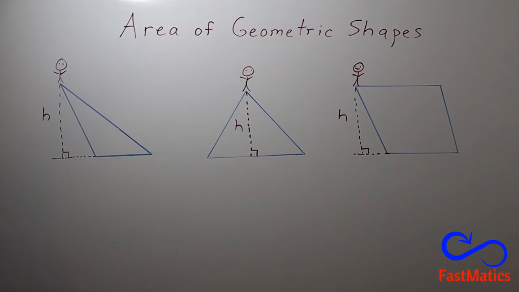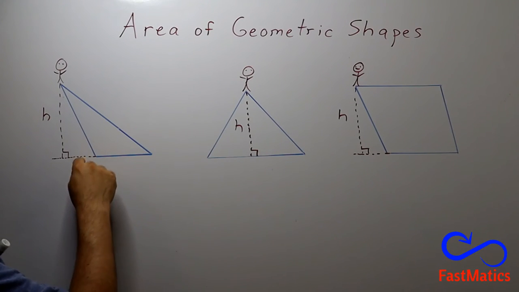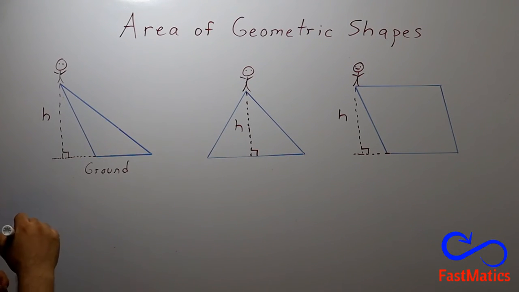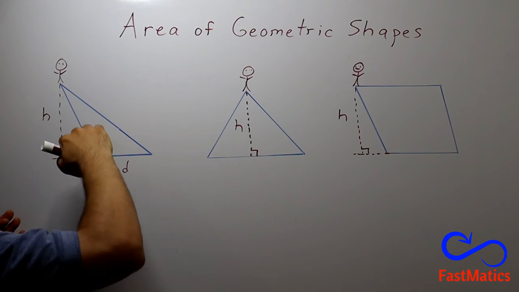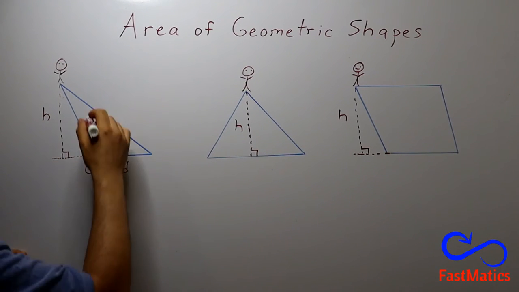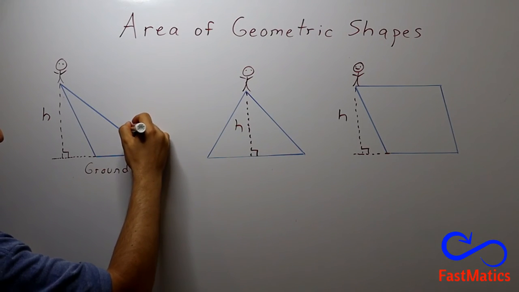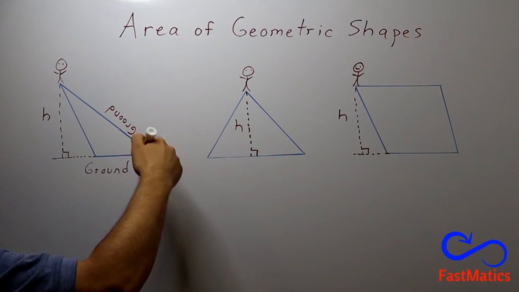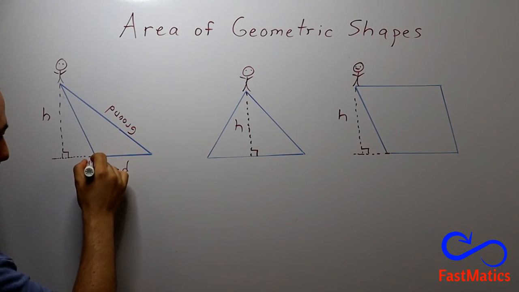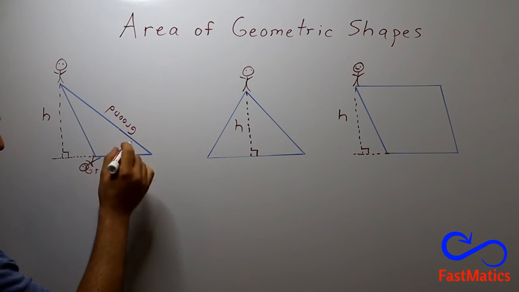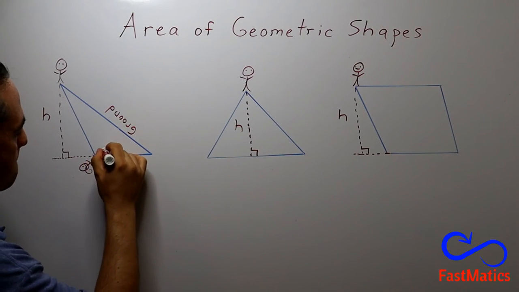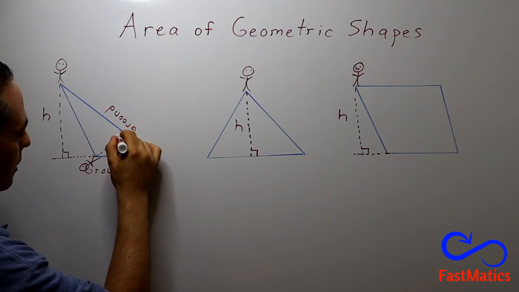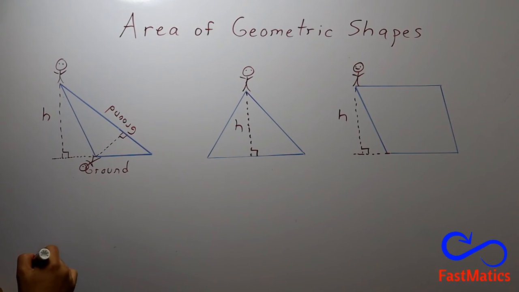But wait, a triangle always has 3 heights, because I can imagine that here I have the ground. But what happens if I turn the page and I imagine that the ground is here? If the ground is here and I climb, I see that if I throw a rope, here I have the 90 degrees.